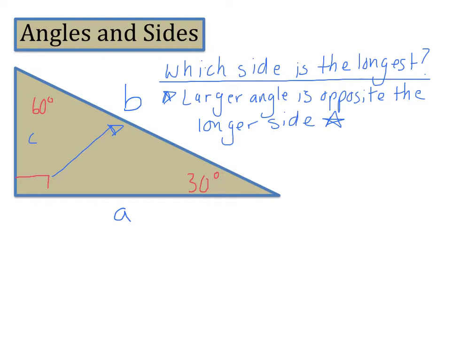Which side is the shortest? That makes sense. If we look at all the angles, the smallest angle would be 30, so the smallest side would be C. So in a triangle, the shorter side is opposite the smallest angle. And that's the relationship between the angles and sides of a triangle.